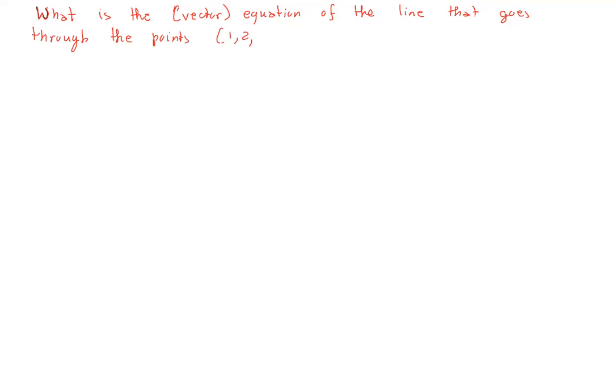So what is the equation, and here again, I mean the vector equation, of the line that goes through the points (1, 2, -3) and (3, -1, 1)?